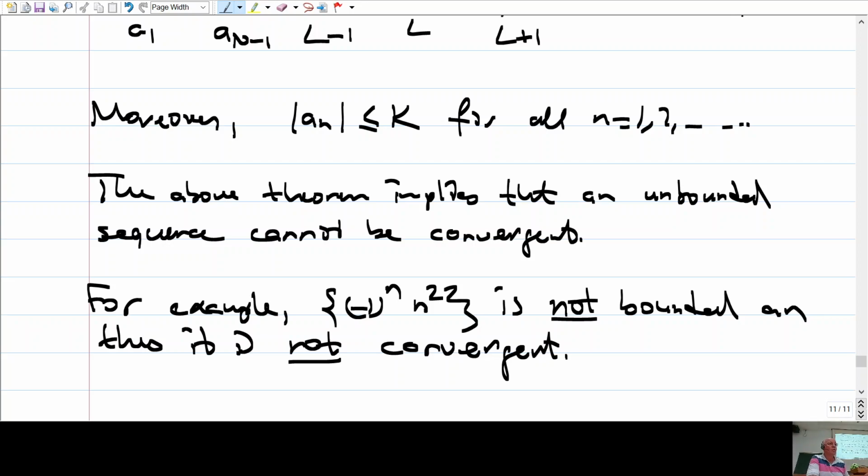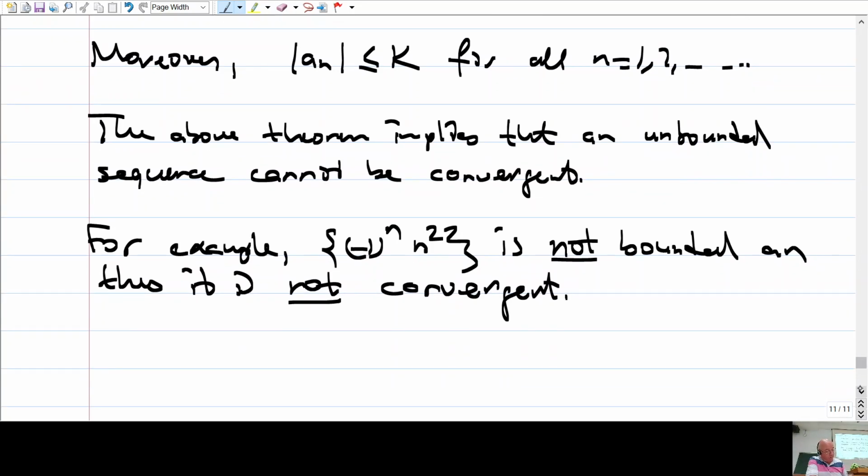Not convergent is exactly not divergent. So not convergent means divergent.